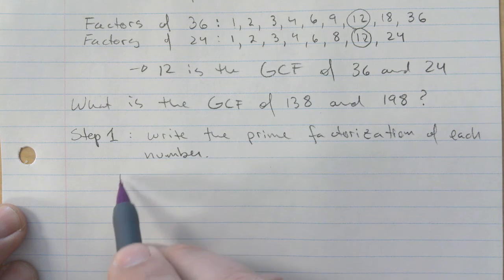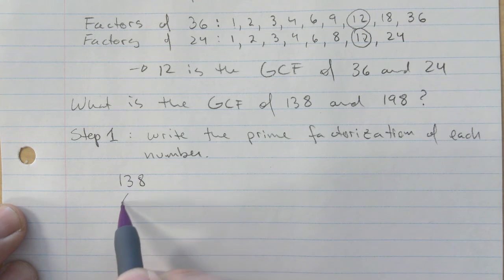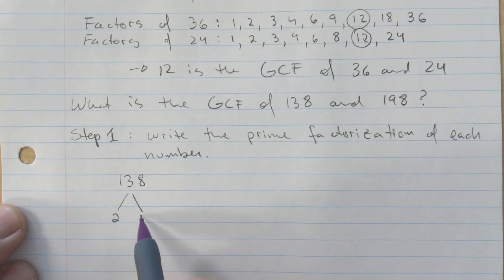So let's do that. 138, we're going to break that down. I know that's even, so 2, 69. I add them up, 6 and 9 is 15. So I know that 3 goes into it. 3 goes into that 23 times, and 23 happens to be a prime.